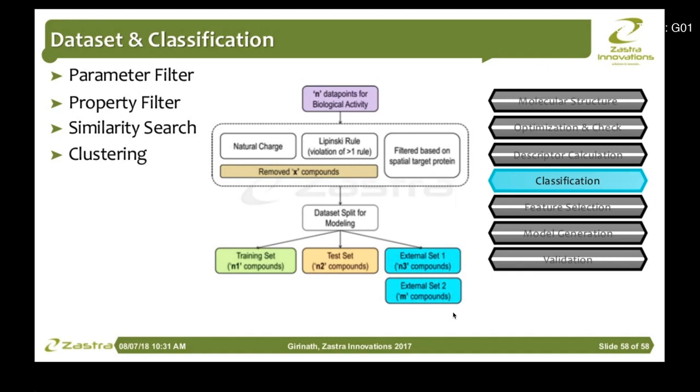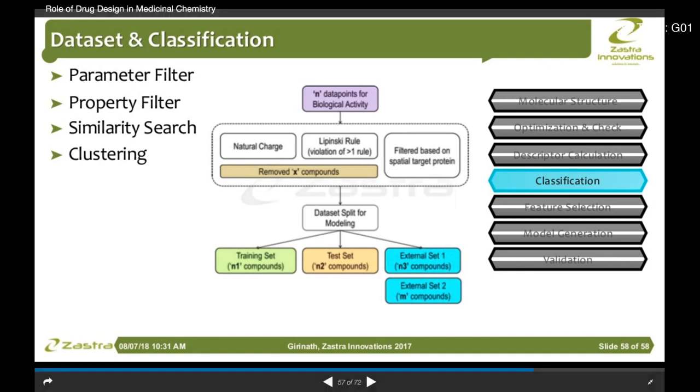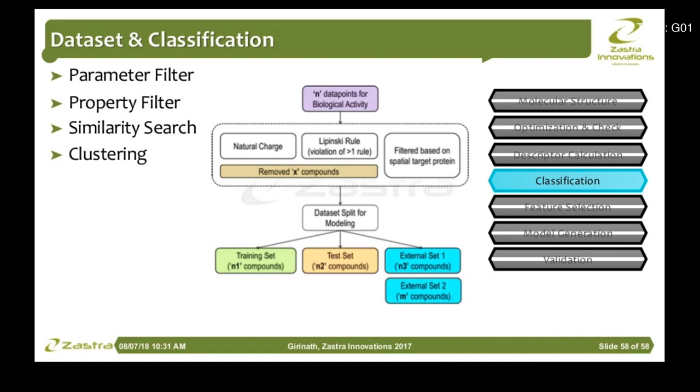If your model has more inconsistency and is not reproducible, then what is the point of generating these QSAR models? So when you're using homologous models, ensure that you have a good applicability domain, and at least 20 to 25 compounds with biological or experimental data to generate these models.